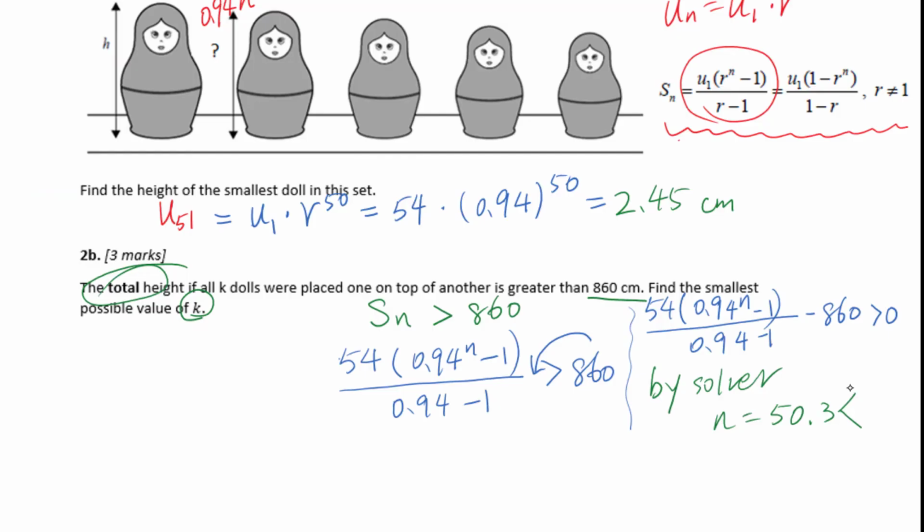Answer is 50.3. There are two choices, either n equals 50 or n equals 51. How to decide which one is the correct number? You need to plug into this inequality and see which number makes this inequality true.